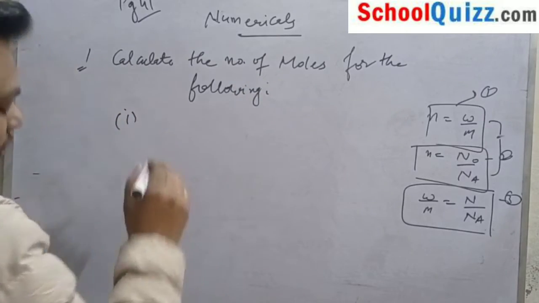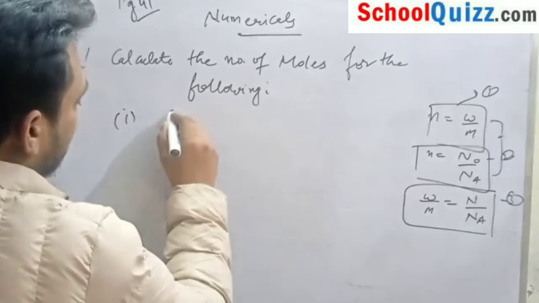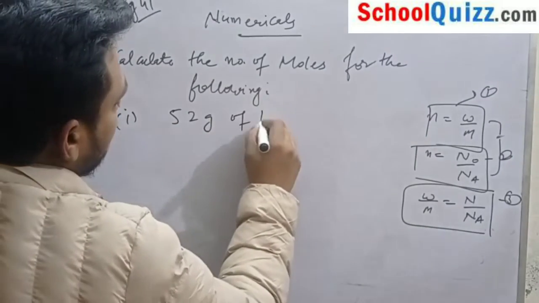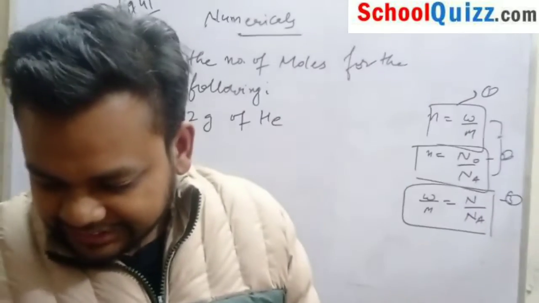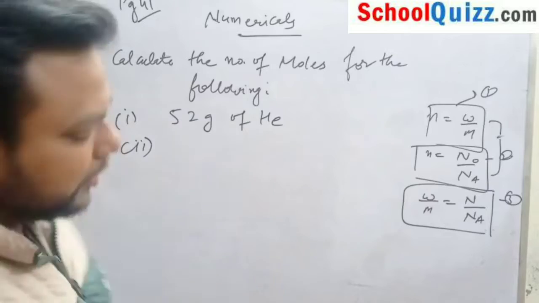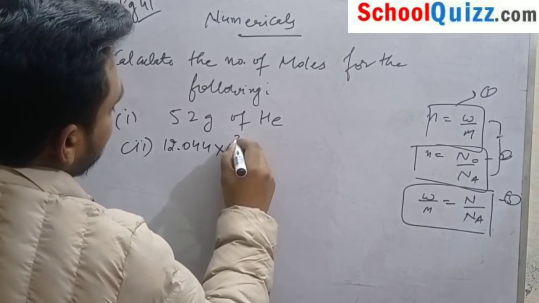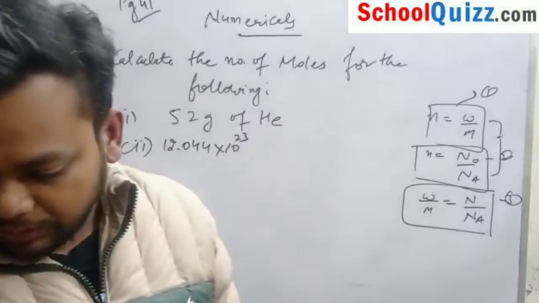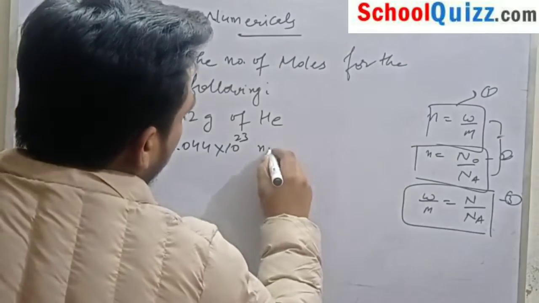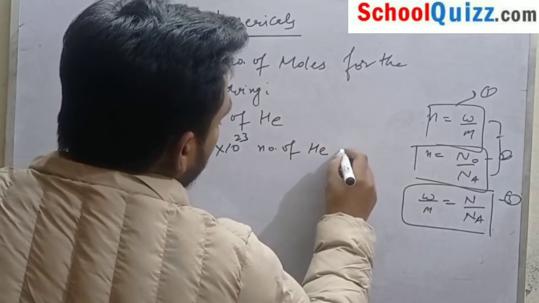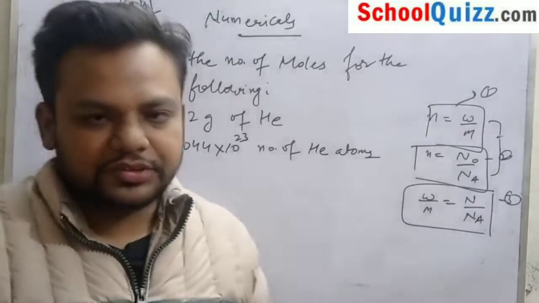First one is 52 gram of helium, and second one is 12.044 into 10 raised to power 23 number of helium atoms. Okay, this is our statement.